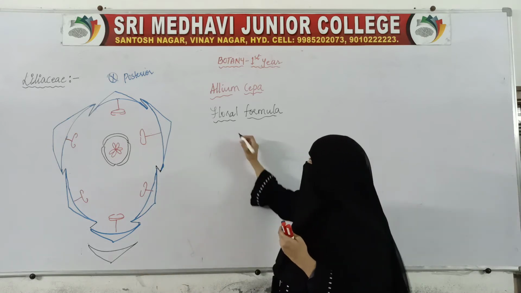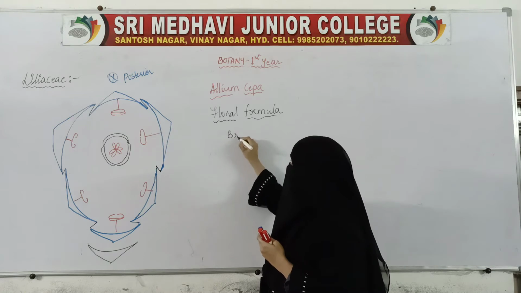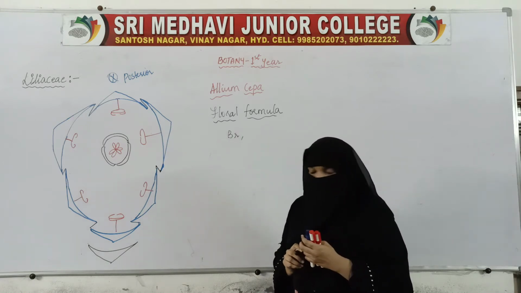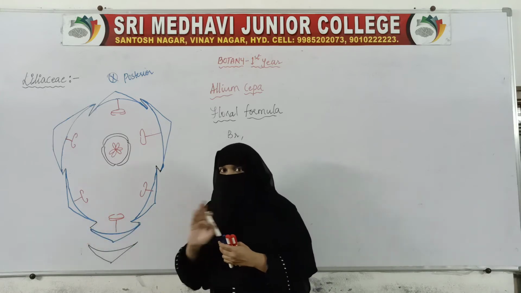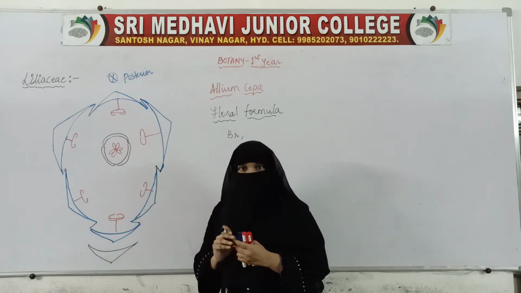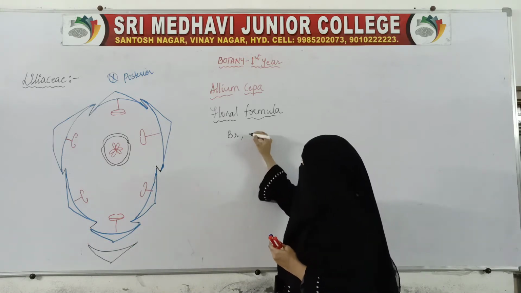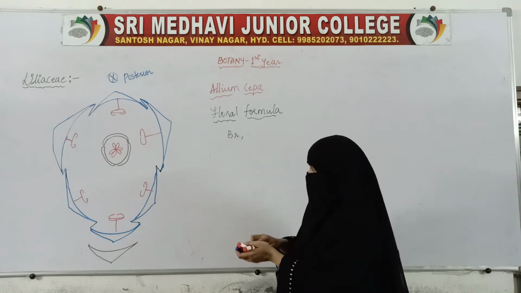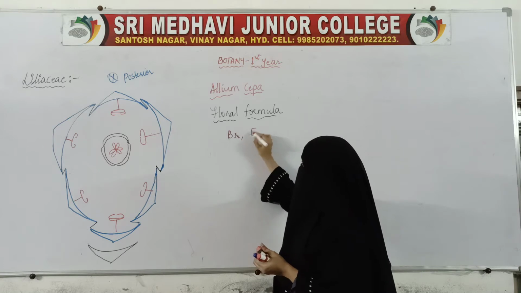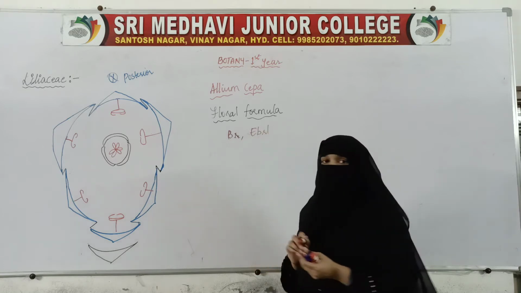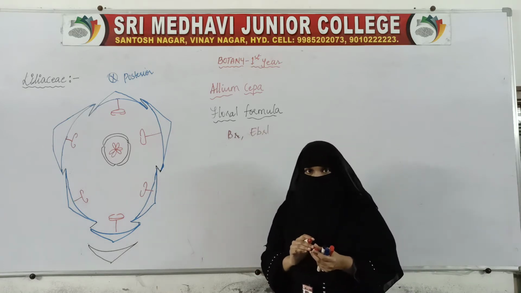So this flower is having a bract. We will write BR. Are bracteoles there? No, bracteoles are not present. So what will we write? EBRL, that is ebracteolate, no bracteoles.